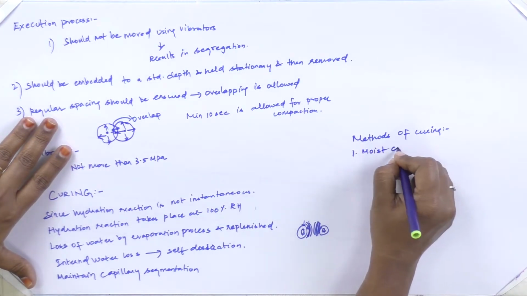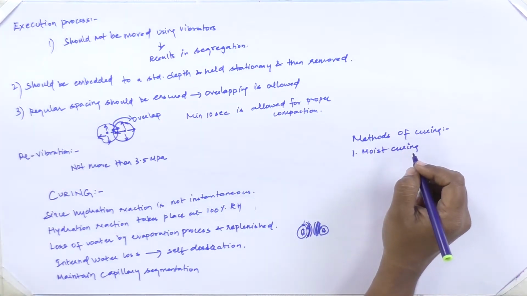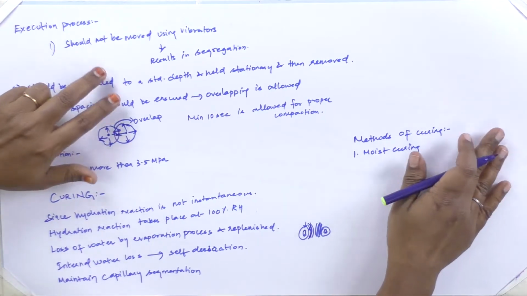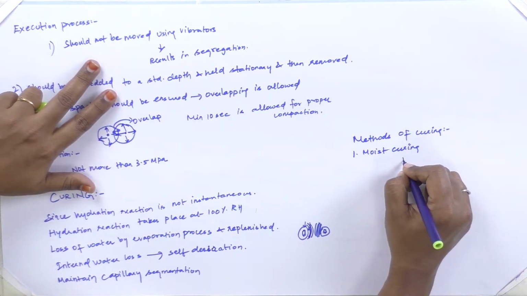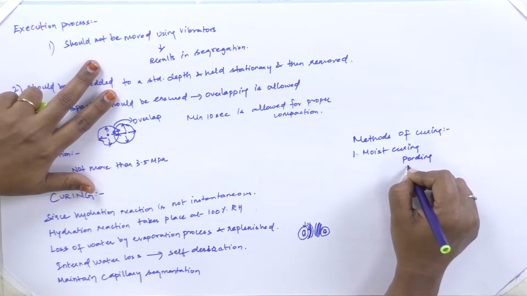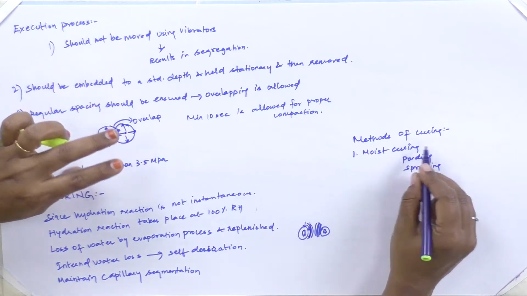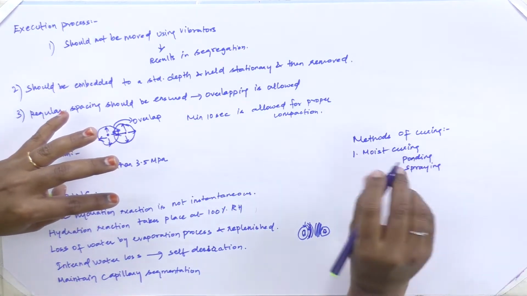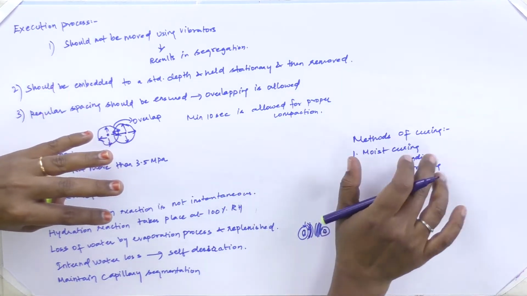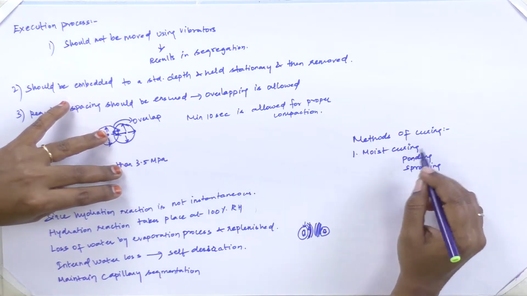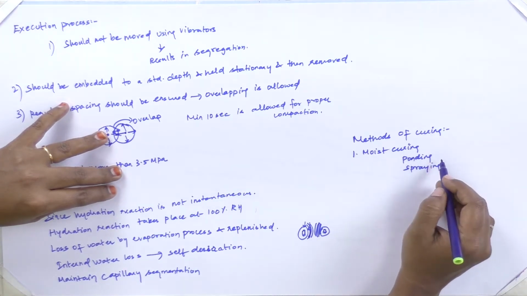Moist curing, that is by ponding, spraying, etc. By doing so, by ponding for the roof slabs, just by creating some obstacles and storing water, we will be able to achieve the curing of concrete.